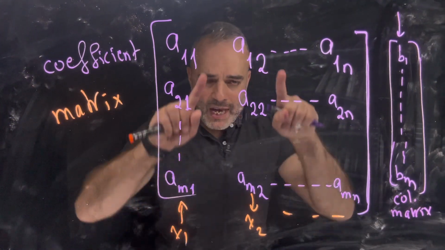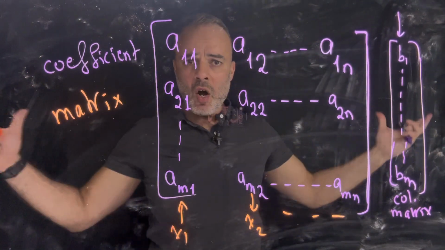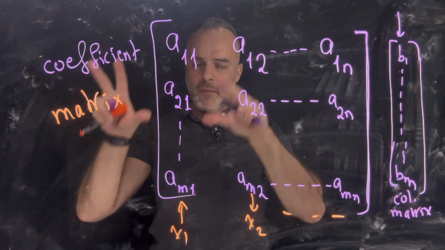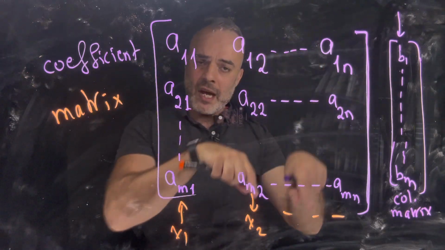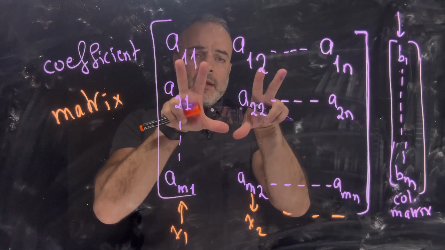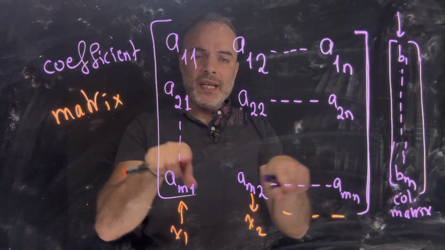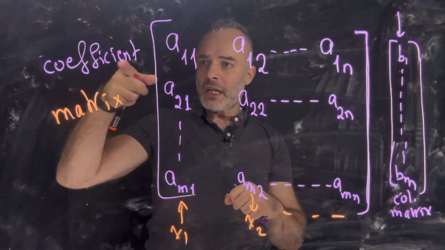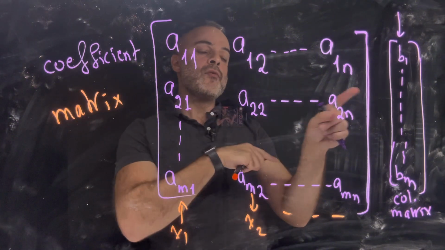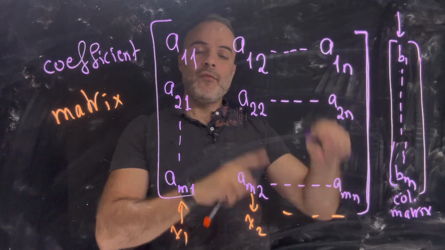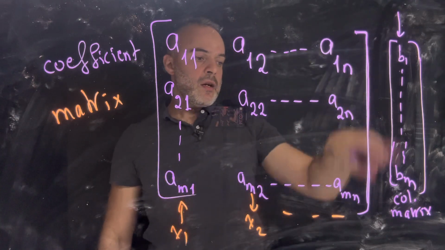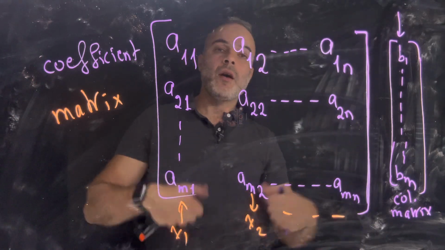So again, we have the augmented matrix, which contains all the coefficients of the variables and the right side. The matrix which only contains the coefficients of the x's is called the coefficient matrix, and the right side numbers form a column matrix.